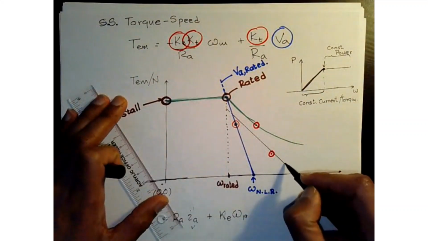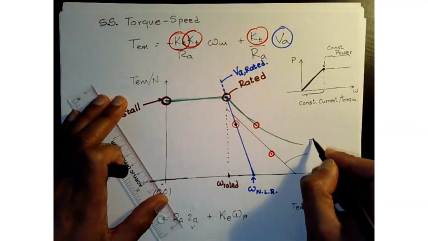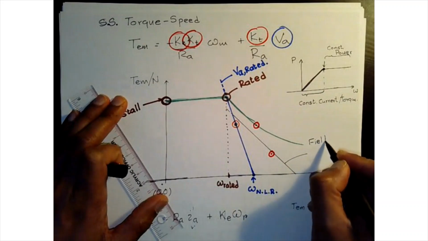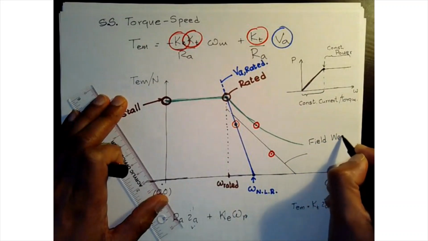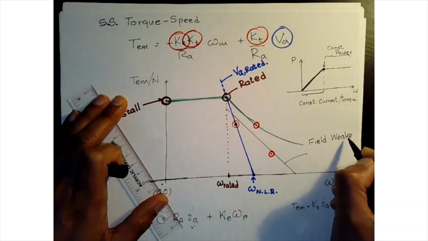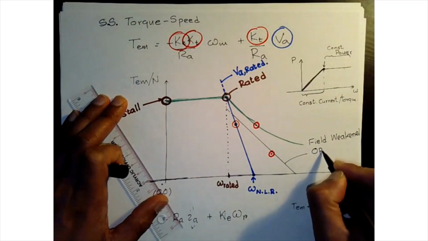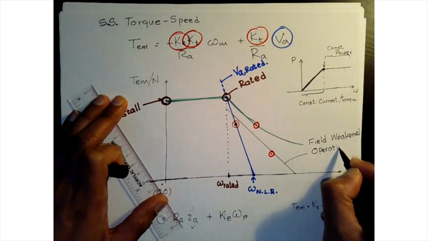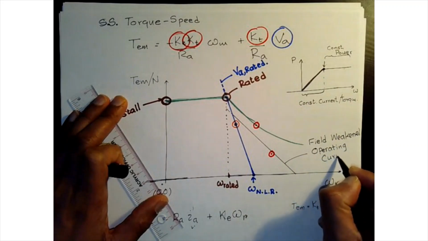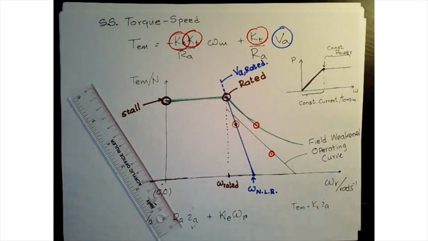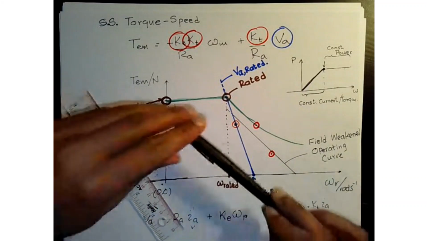Okay, so this is the field weakened operating curve. Now you can actually do more than just this.